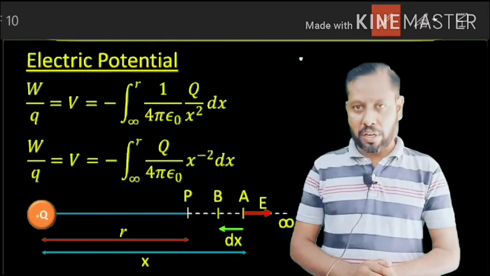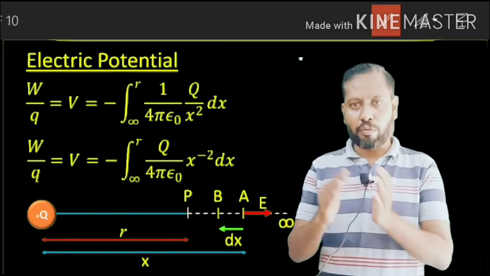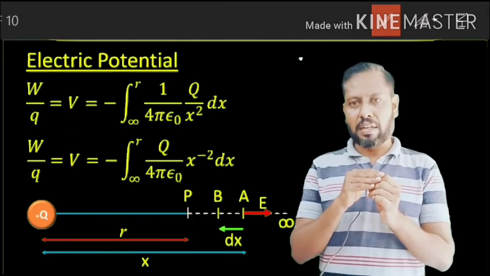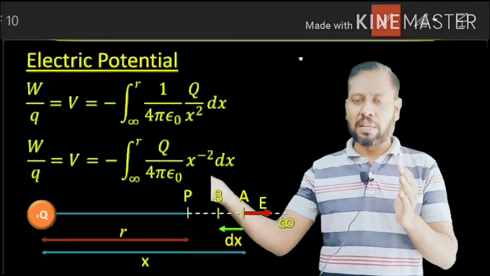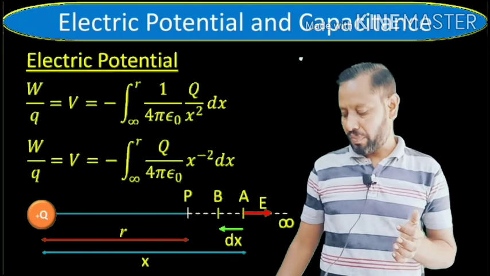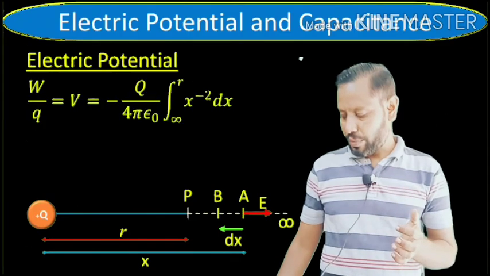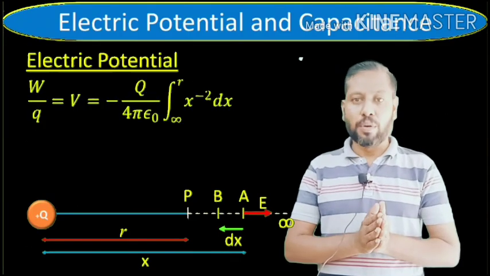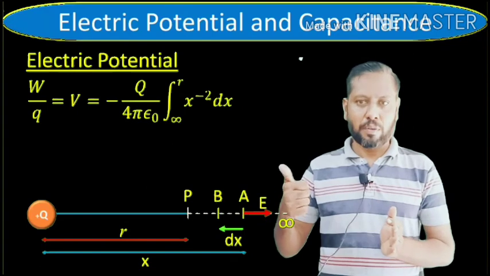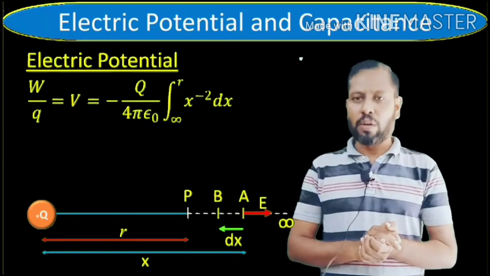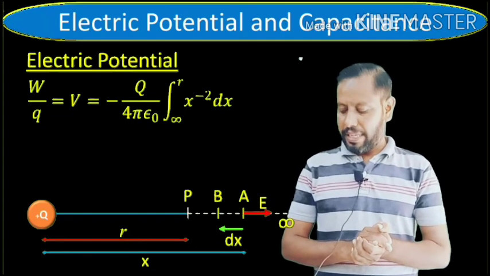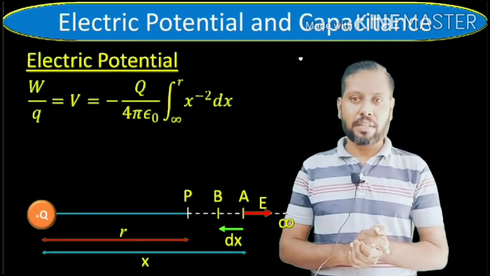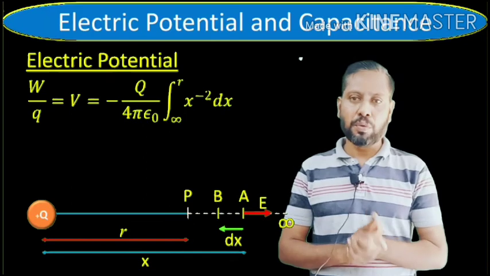So what I will do now is write the value for v, and the answer for v will be written in terms of constants multiplied by that remaining integration. So we can write now v is equal to minus times q upon 4 pi epsilon 0 into the integration of x to the power minus 2 dx, and limits are from infinity to r.